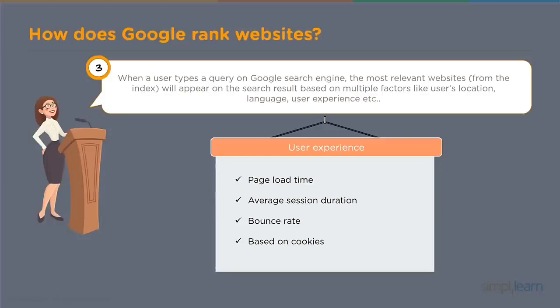However, Simply Learn also needs to make sure that, for their pages, the page load time is fast, meaning these pages load very fast for the end user. And Google also takes into account other factors, like how long someone is staying on a website. Or are they bouncing, meaning are they going to one page that they land on and then leaving the website? Okay, and so the user experience is very, very important.